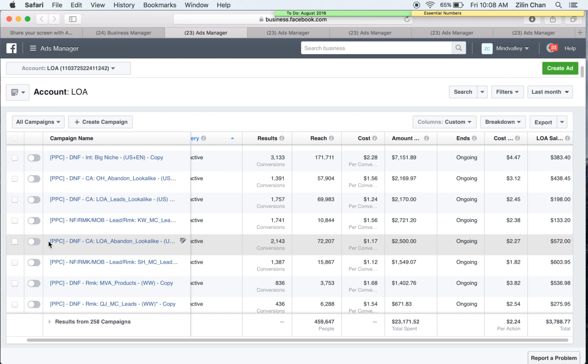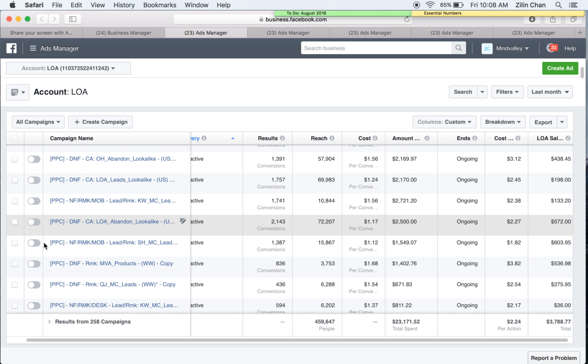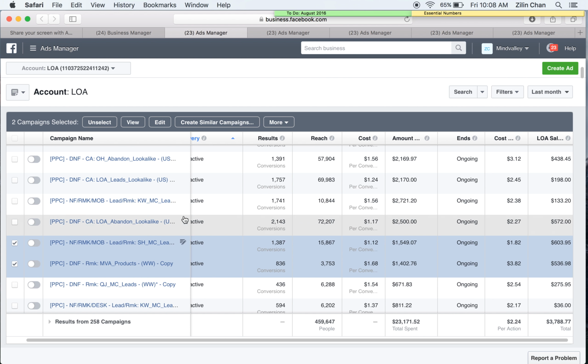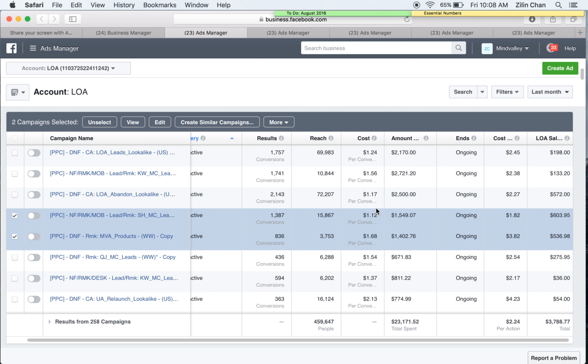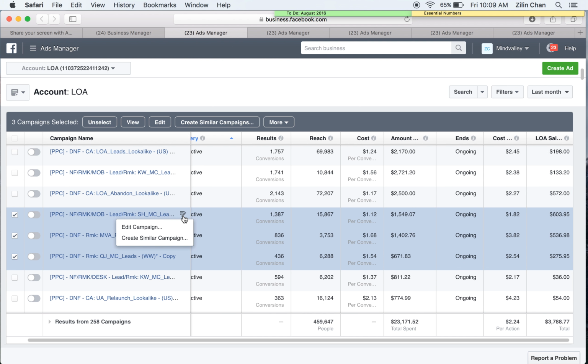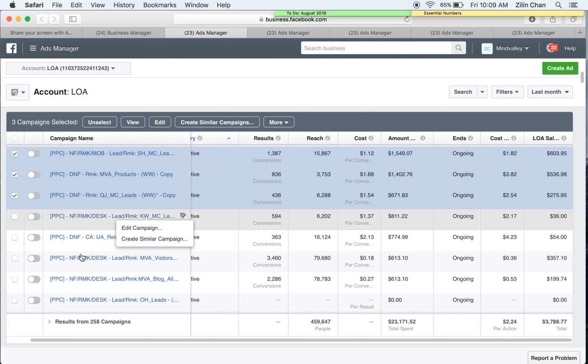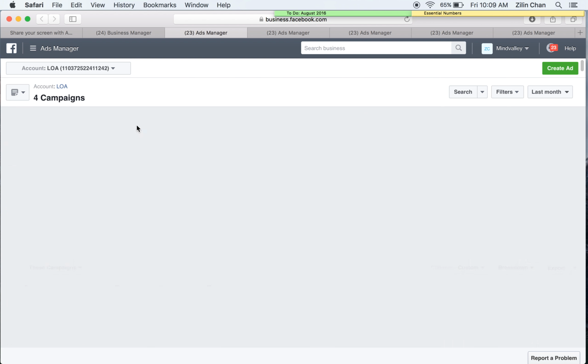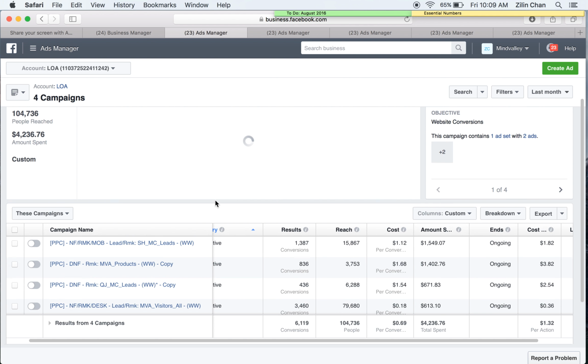This one is about 25%, still crap. These two I'll still look at because they're almost 50%. This one, let's look at this as well. Crap. This one's alright. This one, no. So I've filtered out on the campaign level which ones we should look at.